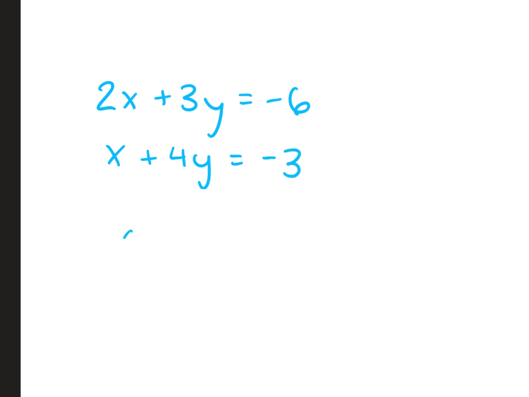All right, one last thing that I want to do. Let's say we had an equation that was 2x plus 3y is equal to negative 6 and x plus 4y is equal to negative 3. And it said verify that 1, 0 is a solution.